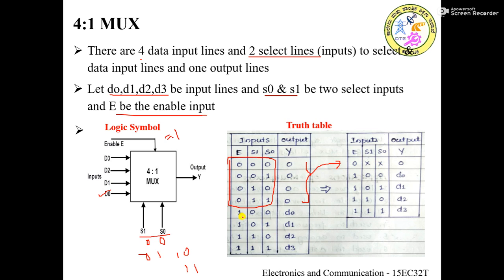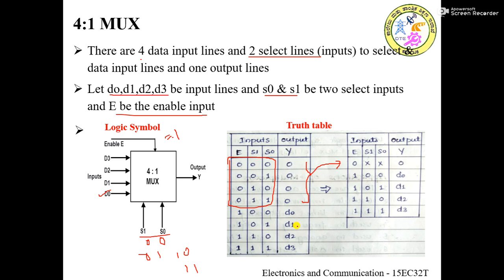Okay, next consider the 4 other different combinations, that is where the enable is 1. If enable is 1, whenever the system is enabled, then it will look for the content on select lines. With 0 0, as I already told you, the first line, that is D0, is selected and it is routed to the output line Y. Information on D0 becomes the output.